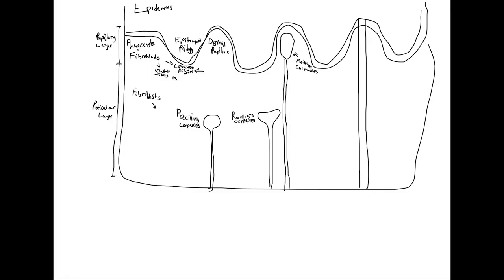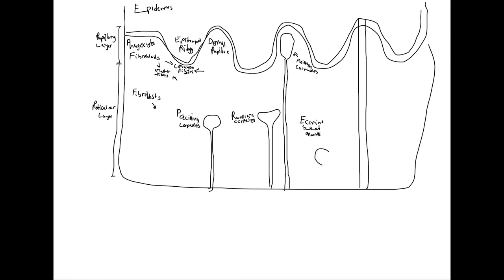You are also going to have sweat glands in your reticular layer. Two types of sweat glands. So first of which, and the ones that are everywhere in your body, are called your eccrine sweat glands. And these eccrine sweat glands are going to look a bit like this.